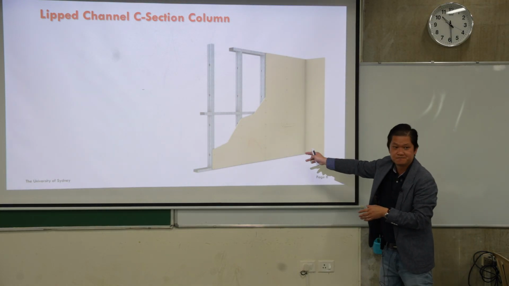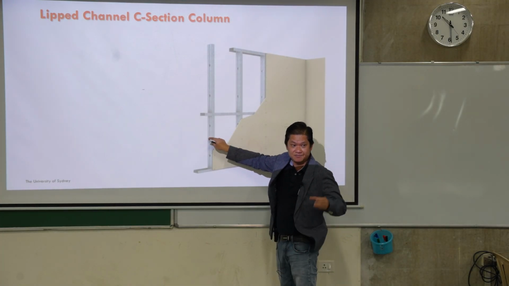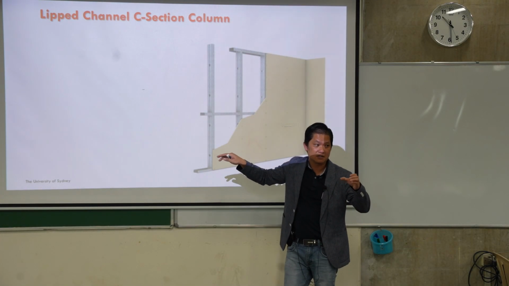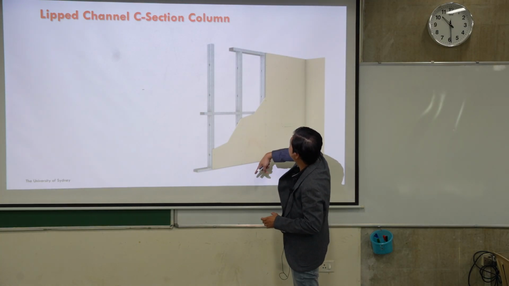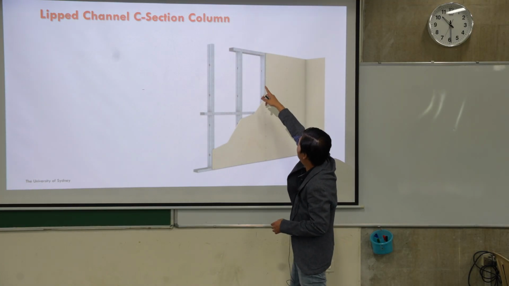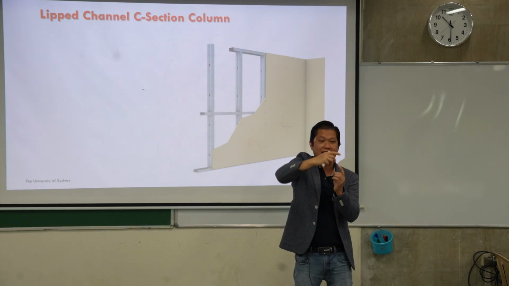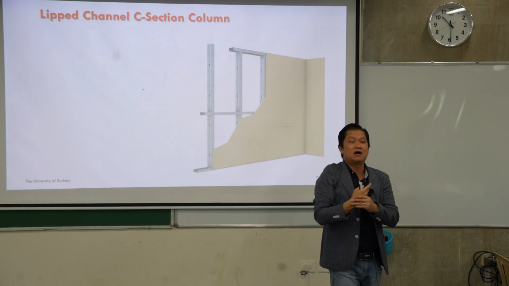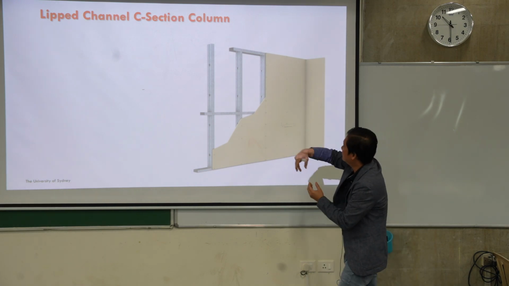We use that one. So inside here that is the C-section stud. What we do is cold-formed wall studs, and then they go up to the height of the building. And on top, we put a track on top of that. And the track will be bolted to the ceiling. Okay, so it's like this.